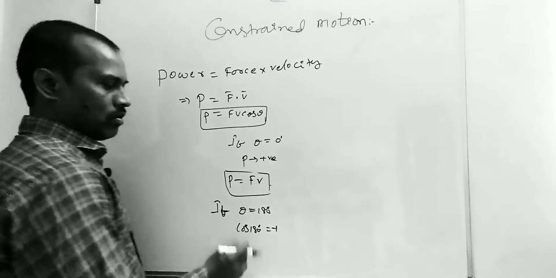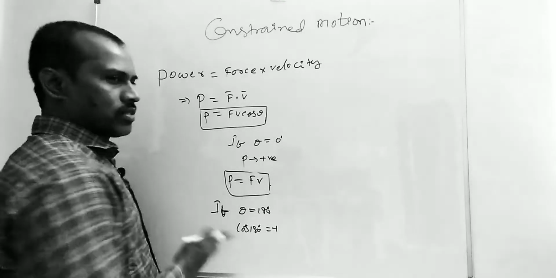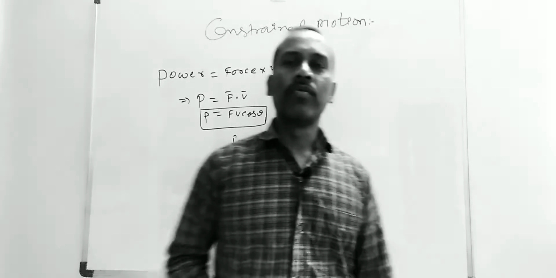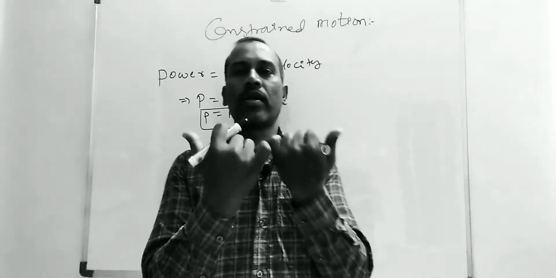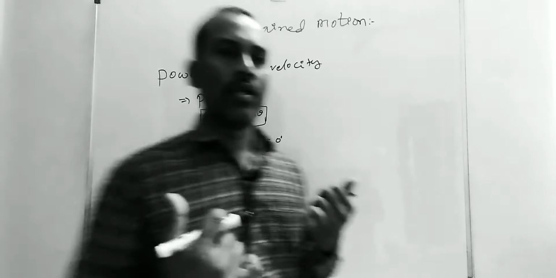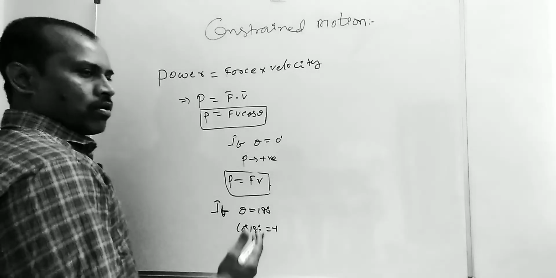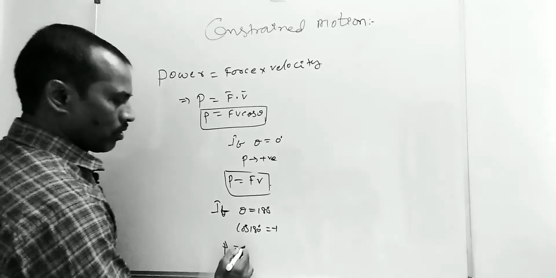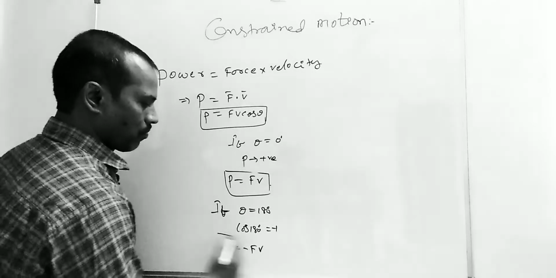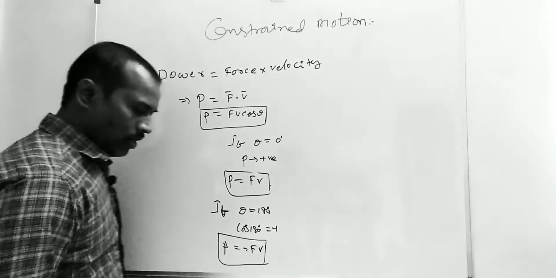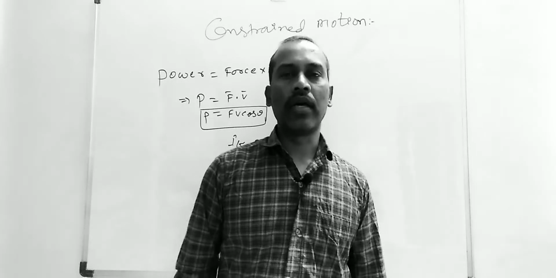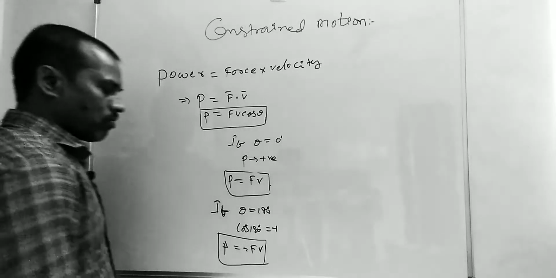The angle between force and velocity is 180 degrees, that means velocity and force are in opposite directions. The power is maximum but negative, so P = minus FV. The minus symbol indicates force and velocity are in opposite directions. Okay, this is the power formula.